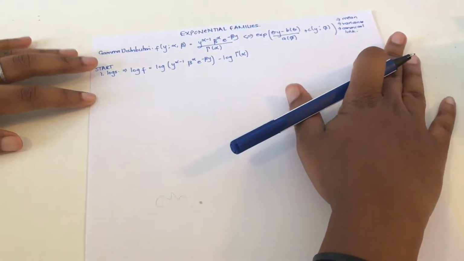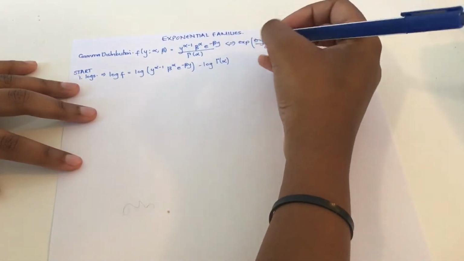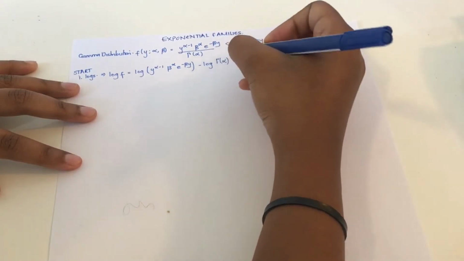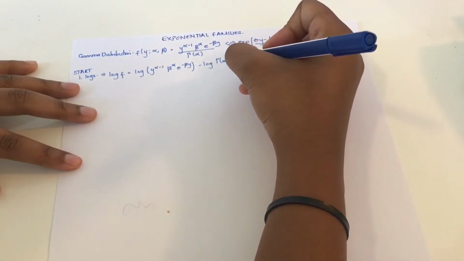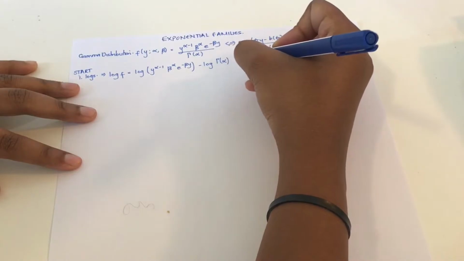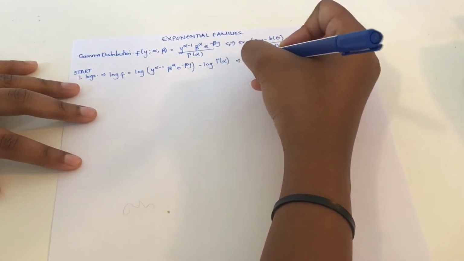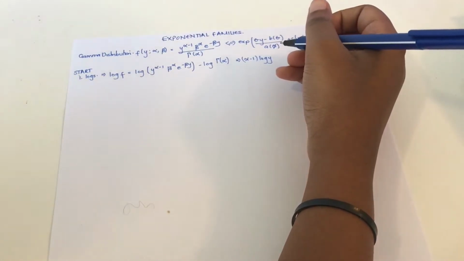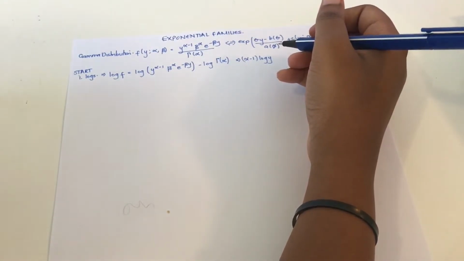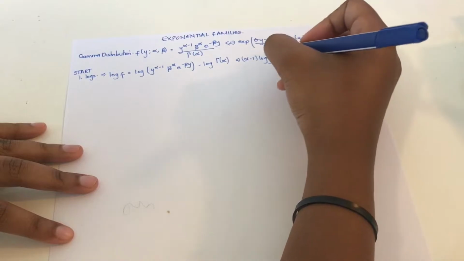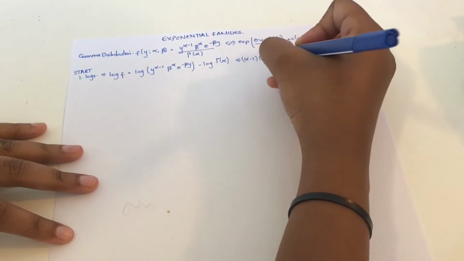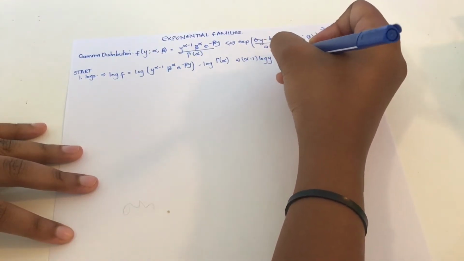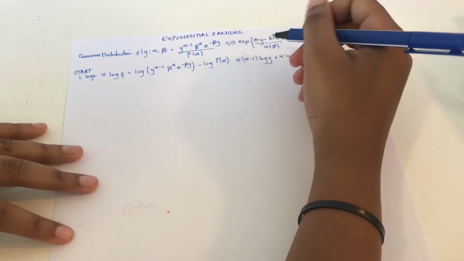And we can simplify this by removing each power. So we take the log of each statement, and we get alpha minus 1 log y plus alpha log beta minus beta y minus log gamma function of alpha. I will write that slowly so that you can see everything that I'm doing.